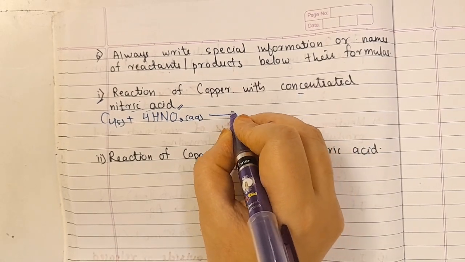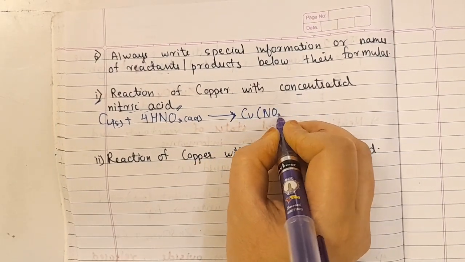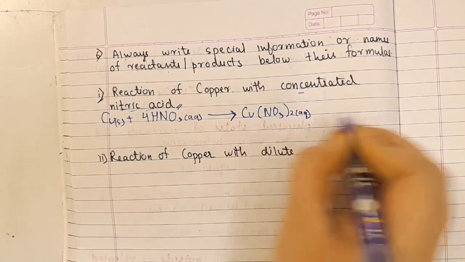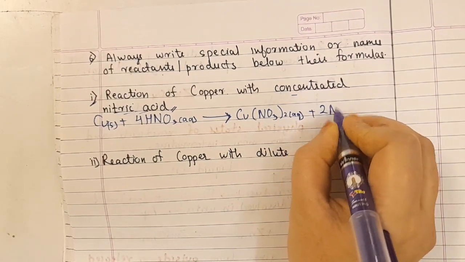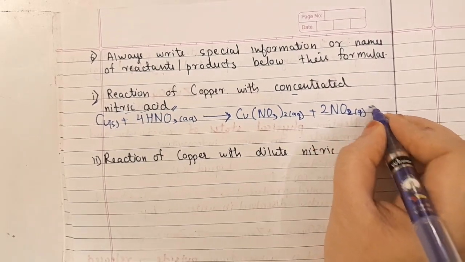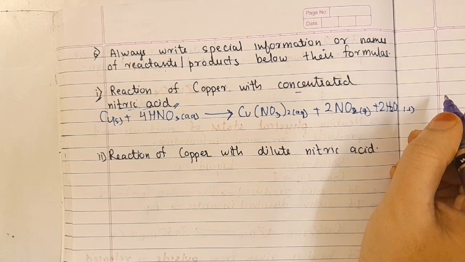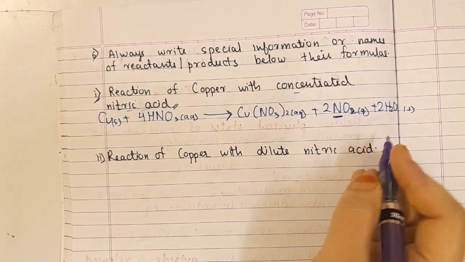arrow, which shows the direction of the reaction. It will form the product copper nitrate in aqueous form plus NO2 and water. Sorry, this is nitrogen dioxide, not nitrous oxide.